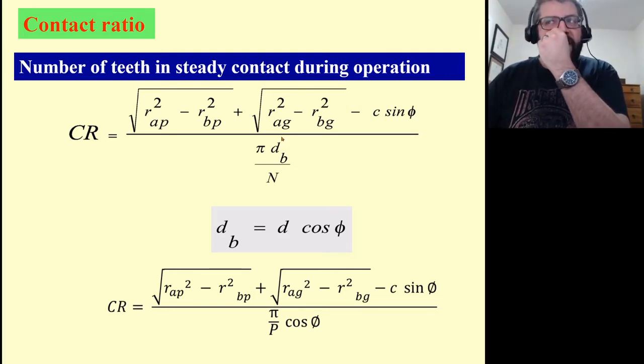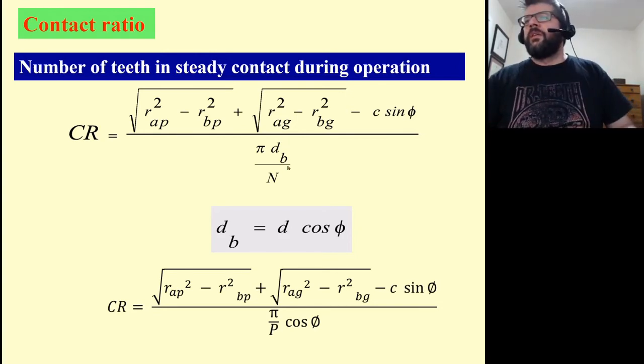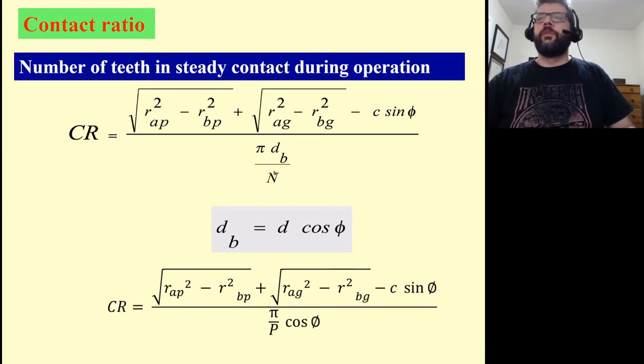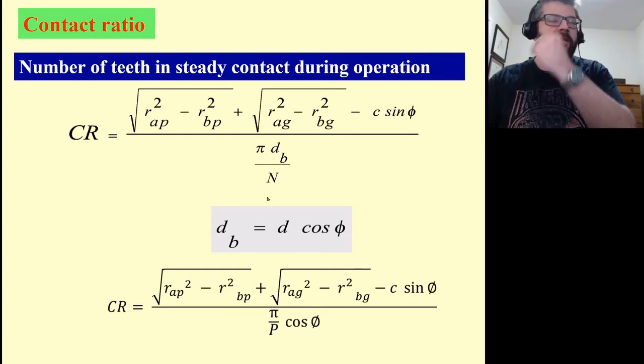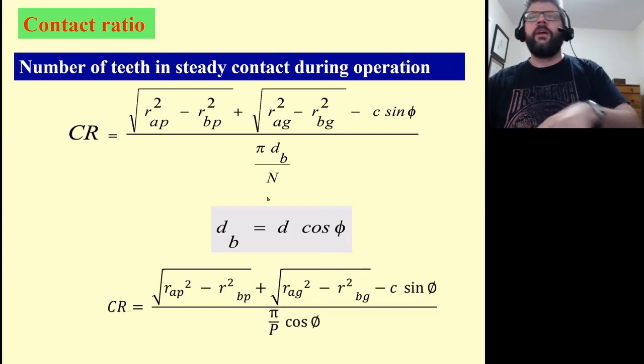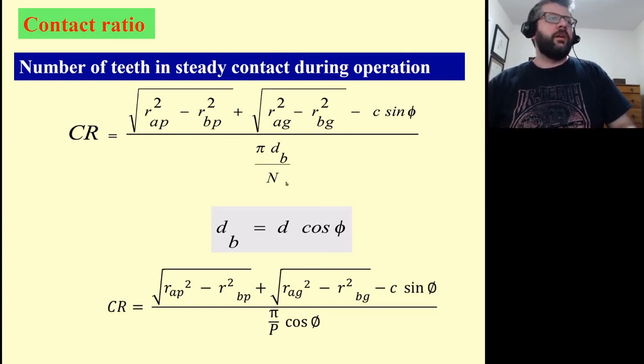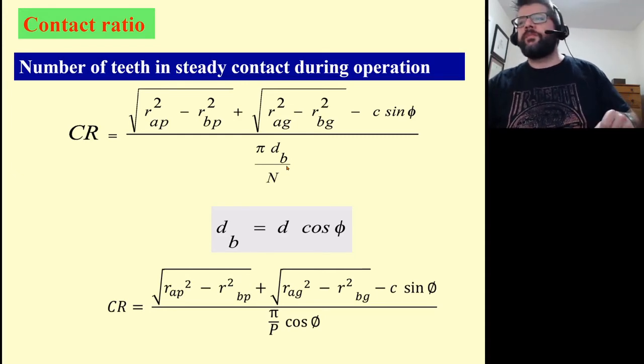So the diameter of the base circle for one of the gears divided by the number of teeth. This will be for one of the gears, and it'll correspond to the number of teeth in that gear, so either the gear or the pinion. This ratio is going to be constant for both the gear and the pinion.